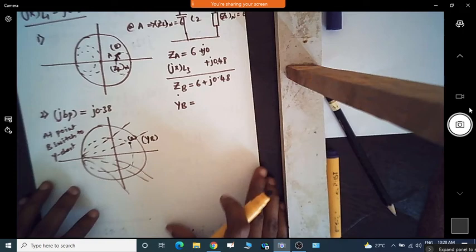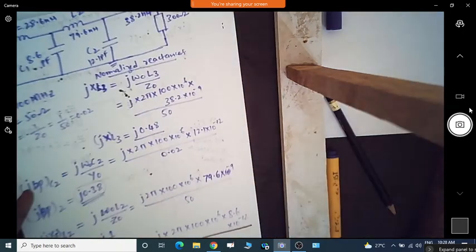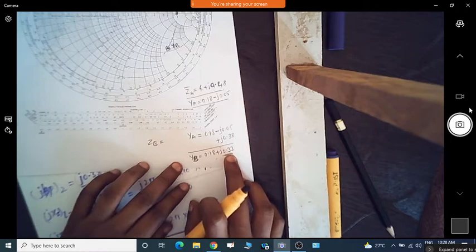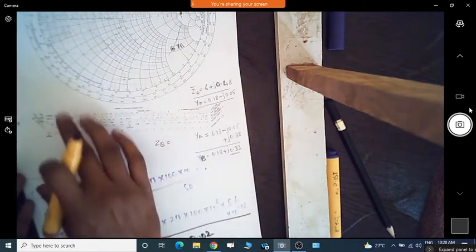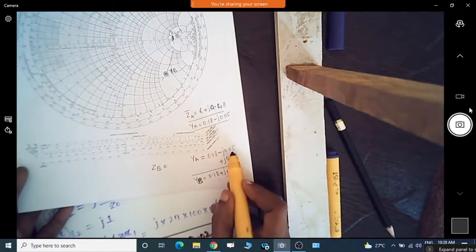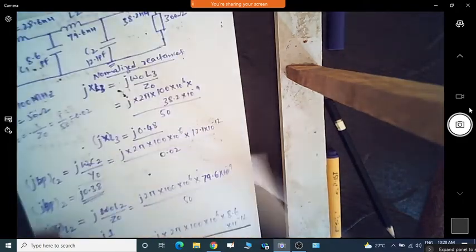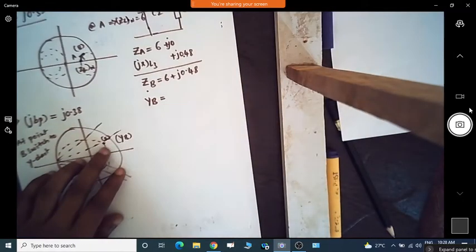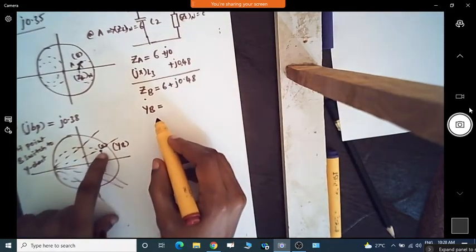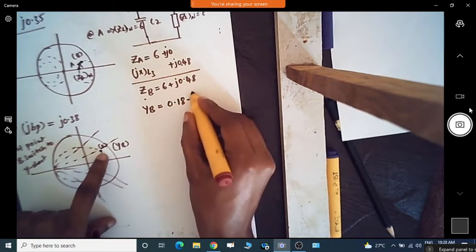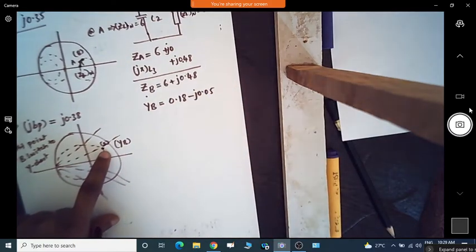The admittance value YB, which I got in the Smith chart, is 0.18 minus j0.05, at point B. So at point B, after adding this reactance, we find the admittance value YB, given by 0.18 minus j0.05.